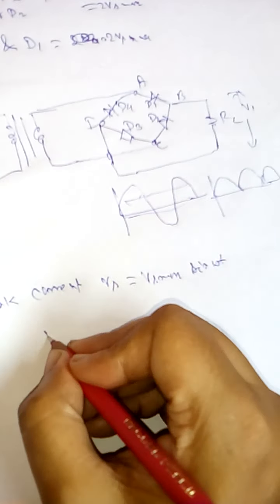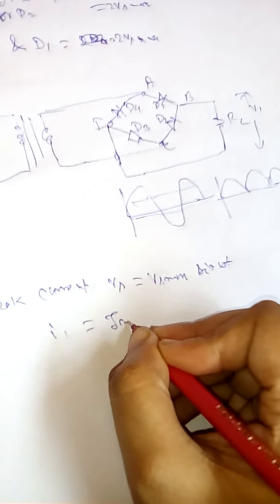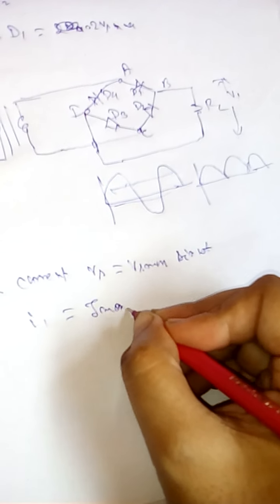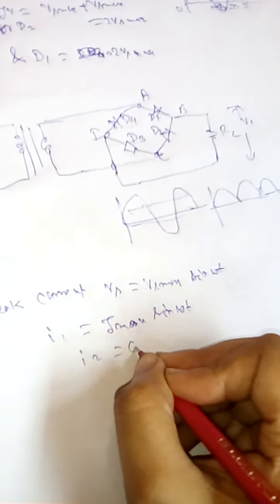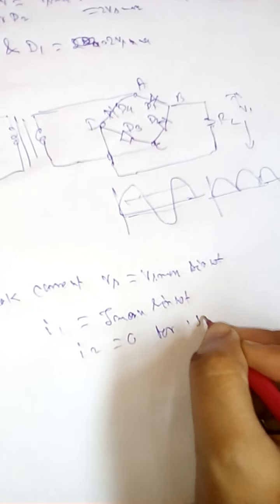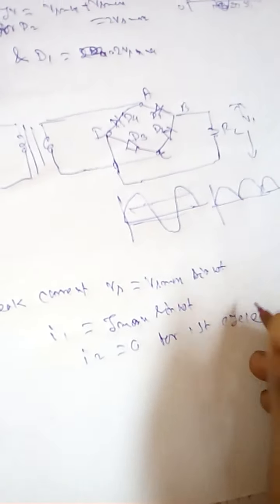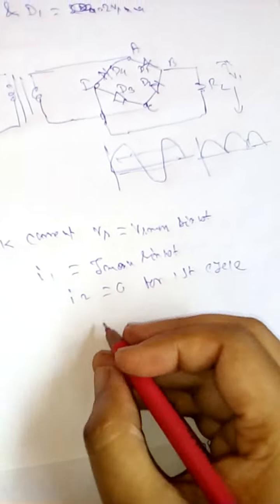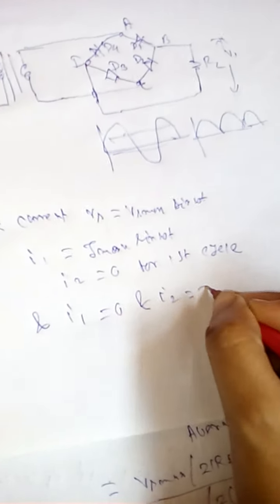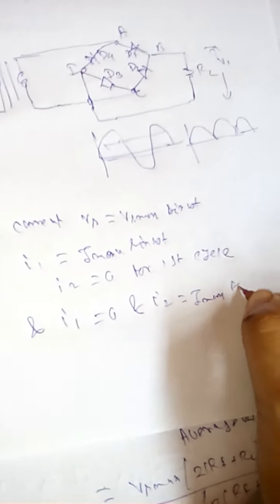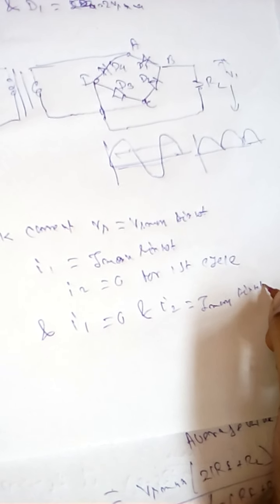Peak current: if we take Vs equal to Vs max sine omega t, and RF is the forward resistance, so I1 we get I max sine omega t, and I2 equal to 0 for the first cycle. For the second cycle I1 is equal to 0 and I2 equal to I max sine omega t.